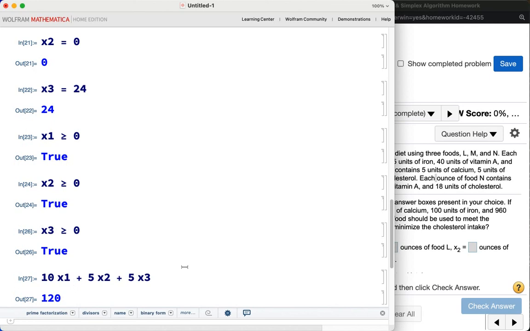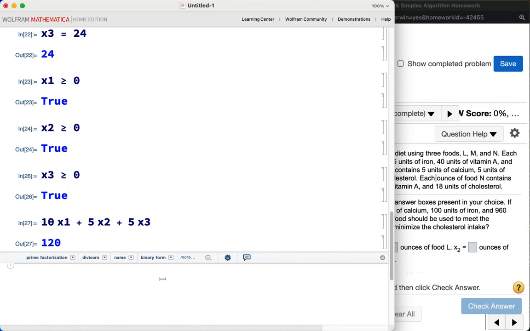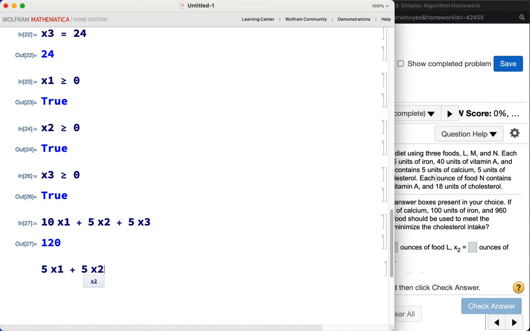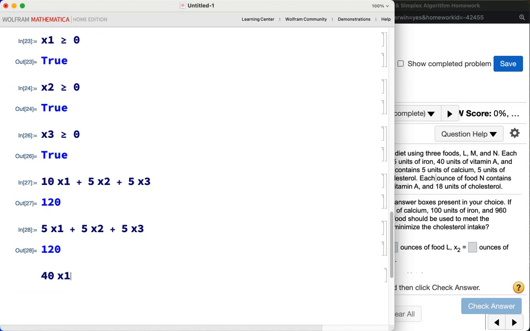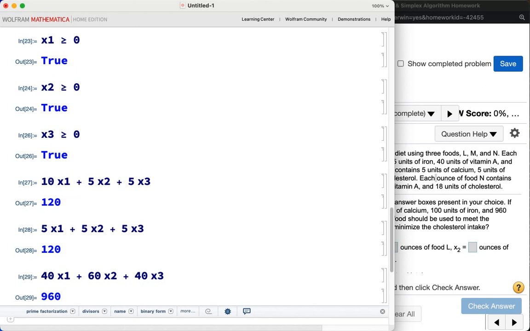That is a problem because our first restriction is violated. 5 times x1 plus 5 times x2 plus 5 times x3 is greater than or equal to 100. Well, that's true. 40 times x1 plus 60 times x2 plus 40 times x3 is greater than or equal to 960. So there's a problem with the first restriction.